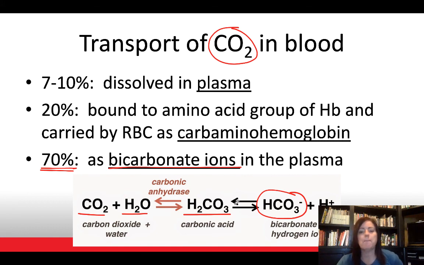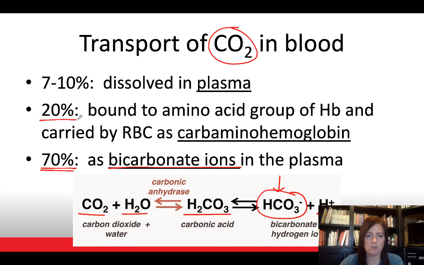Carbonic acid pretty much immediately dissociates into bicarb, which is HCO3, and a hydrogen ion. So this is the way most of your carbon dioxide is transported in the blood, as bicarb.